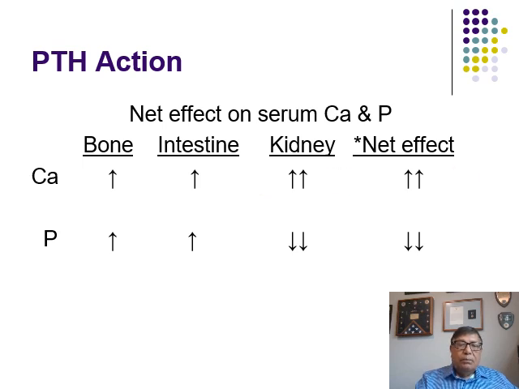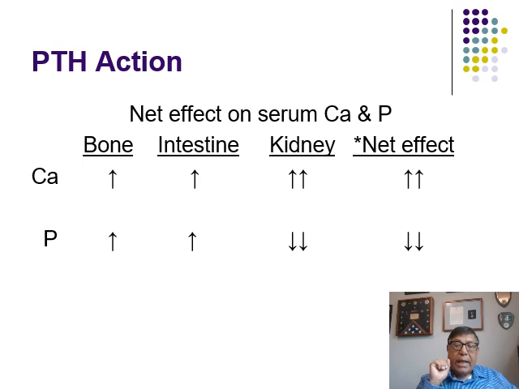From the intestine, it increases the calcium absorbing protein called calbindin, which helps absorb calcium from the GI tract. And as you know, absorption of phosphate is passive.